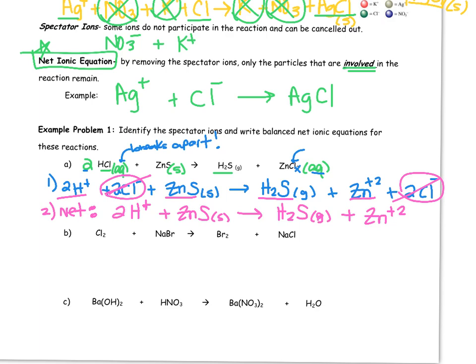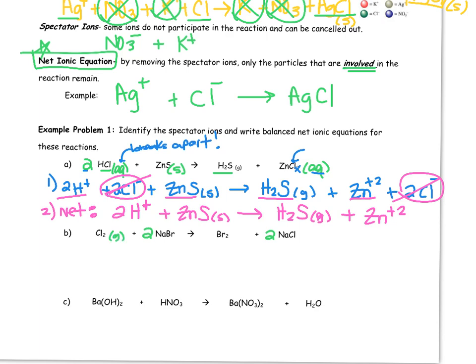So with the single replacement example, first thing I want to do, I'm going to go back and do the same colors. Okay, so we want to make sure it's balanced. I'm going to need 2 Na's and two NaBr's and 2 NaCl's to make that balanced. Then I'm going to check my solubility. Well, obviously, chlorine is a gas at room temperature, right?